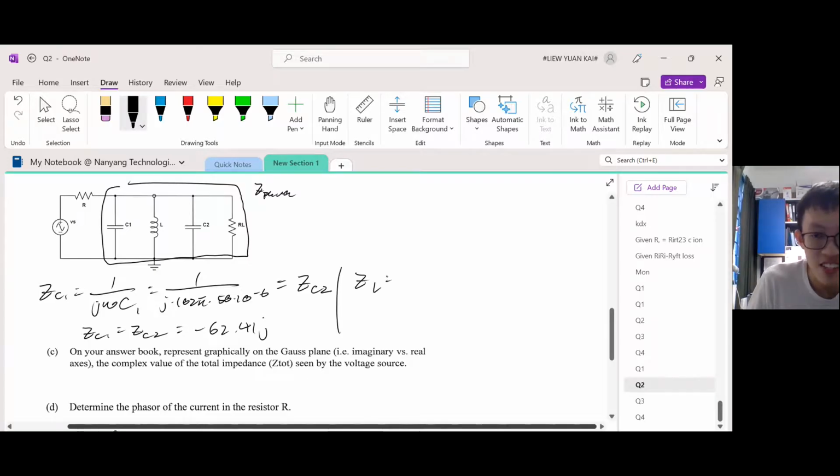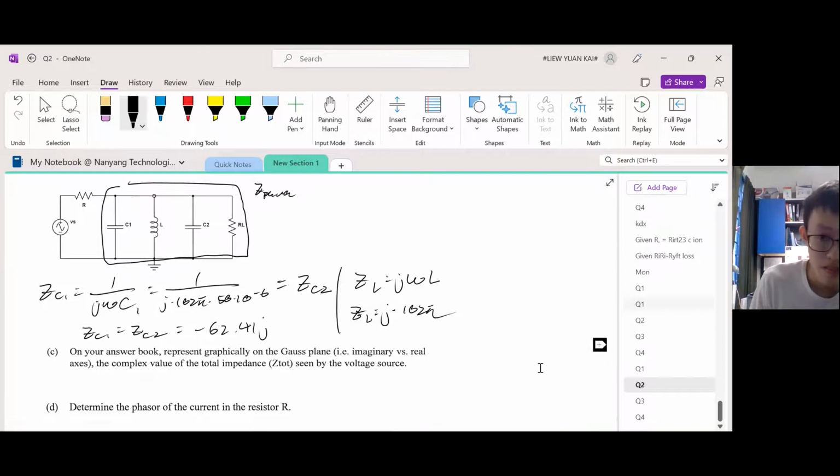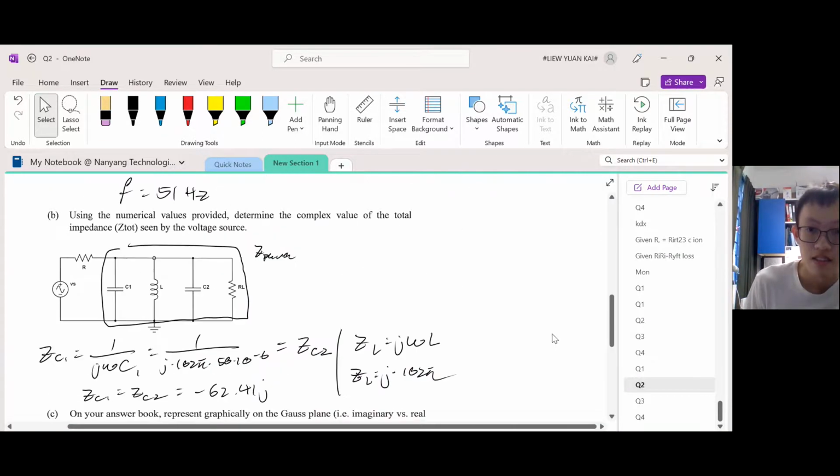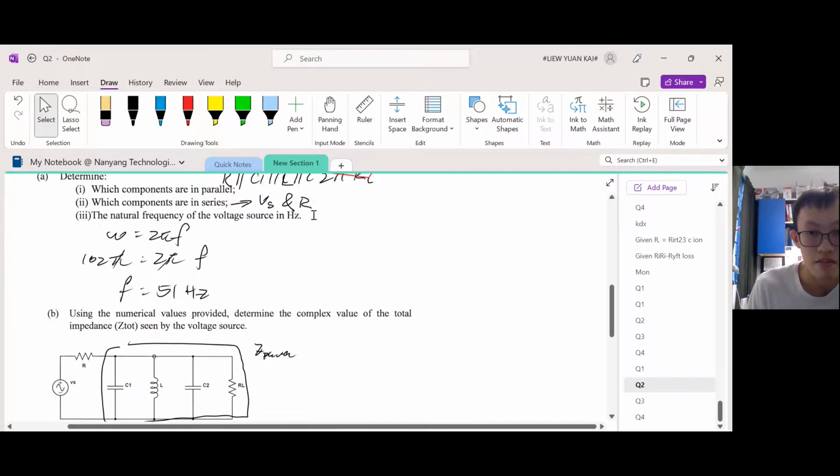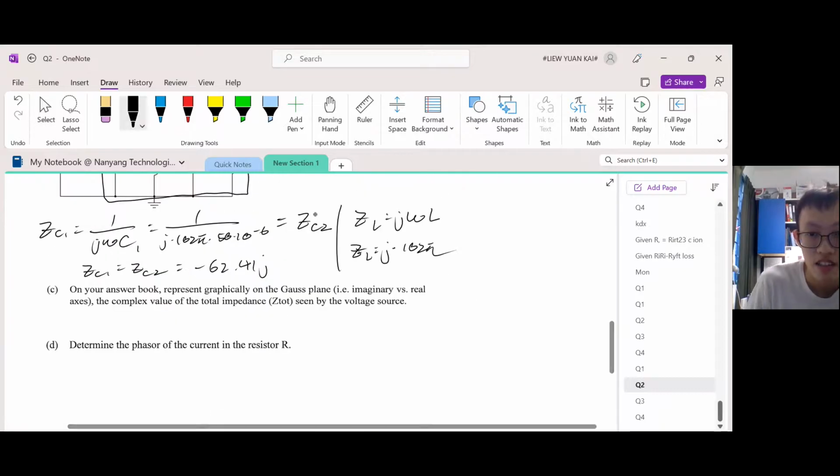And then now let's find Z of L. So Z of L is given by J omega L, which is given by J times 102 pi times, what's the, 200 microhenries.